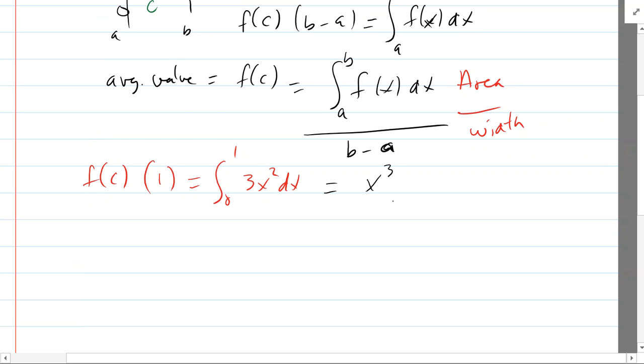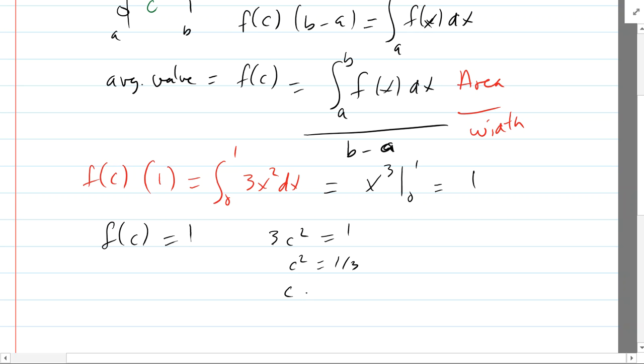X cubed evaluated from 0 to 1, which equals 1. What's 1 divided by 1? 1. So I want to know when f of c equals 1. That means that 3c squared, which is f of c, equals 1. So c squared equals 1/3.